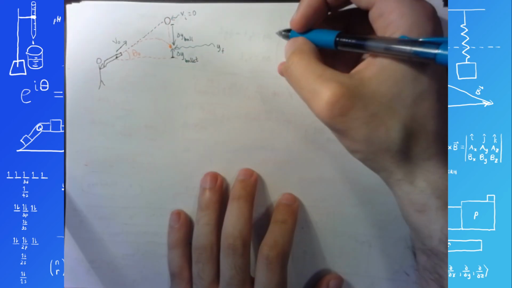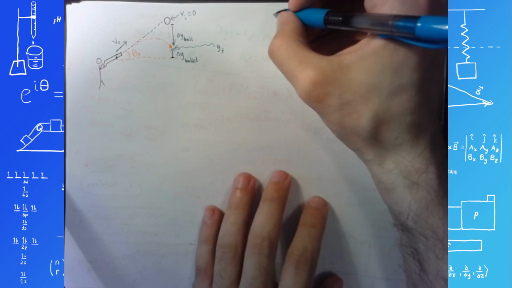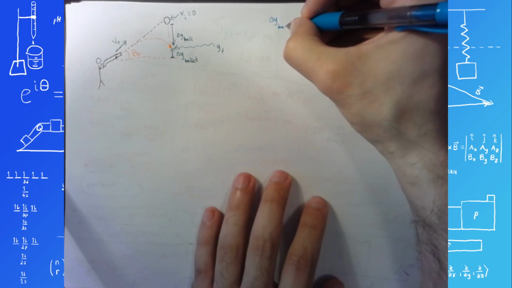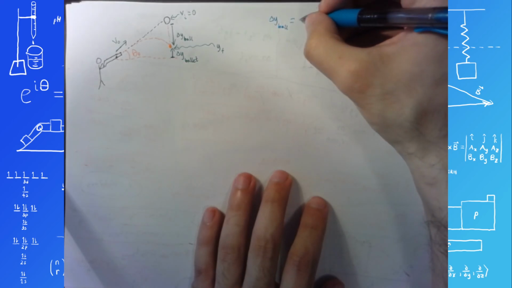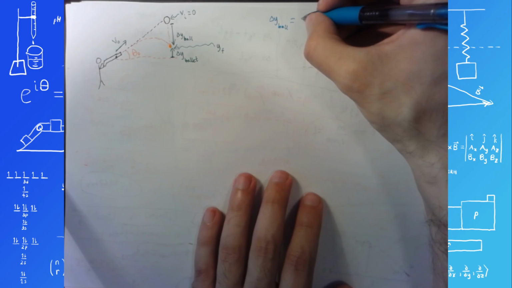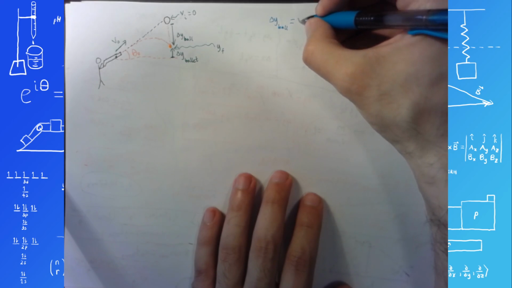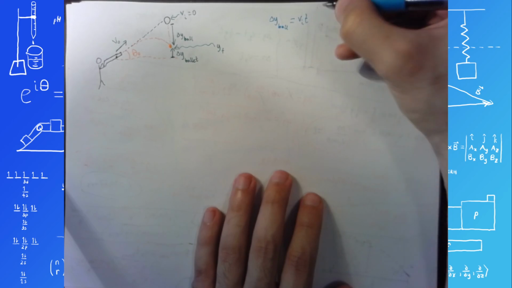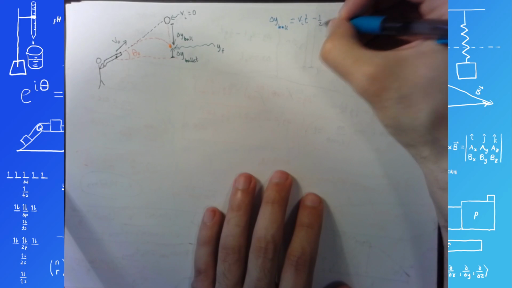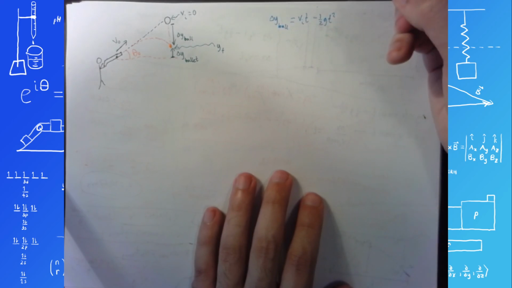So delta y ball, I can just use the second equation of kinematics for this. Delta y ball equals v initial of the ball times t minus 1/2 g t squared.